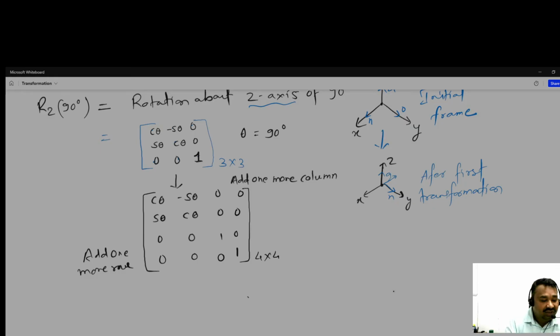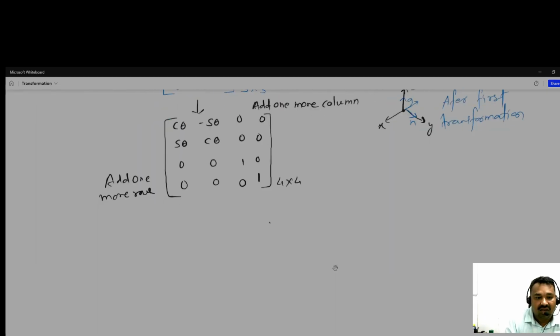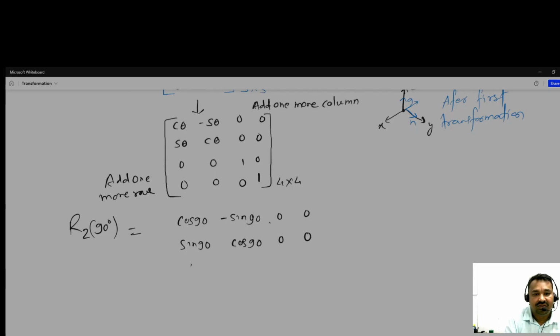Okay, let us put the value. RZ of 90 degrees is equal to cos 90, minus sin 90, 0, 0, sin 90, cos 90, 0, 0, 0, 0, 1, 0, 0, 0, 0, 1.